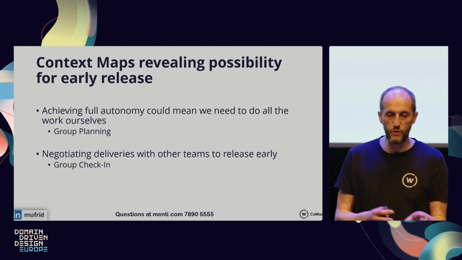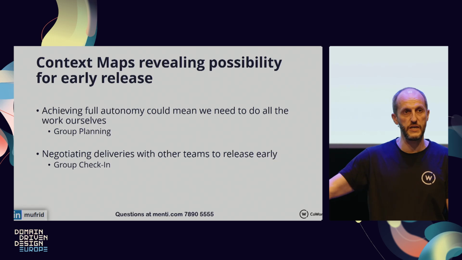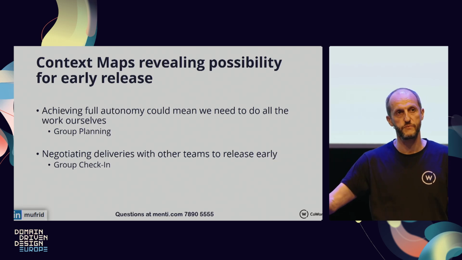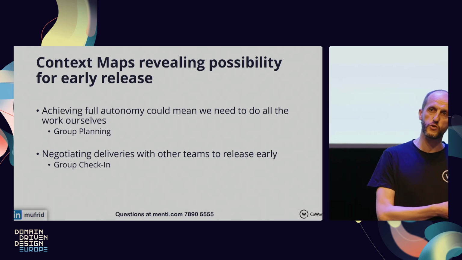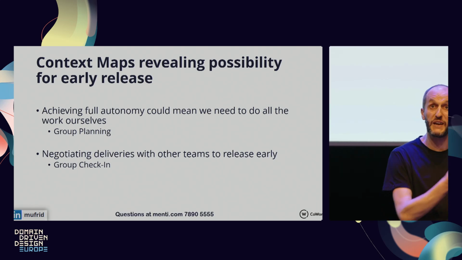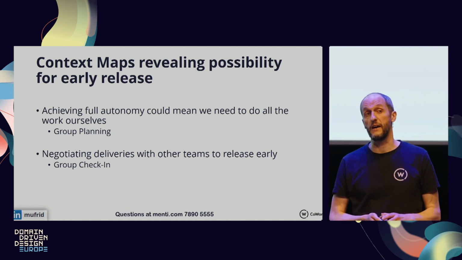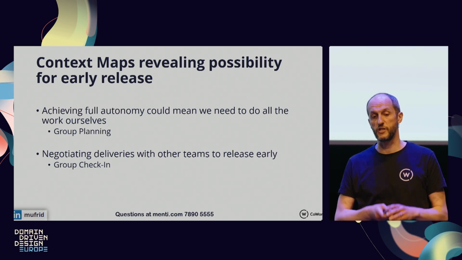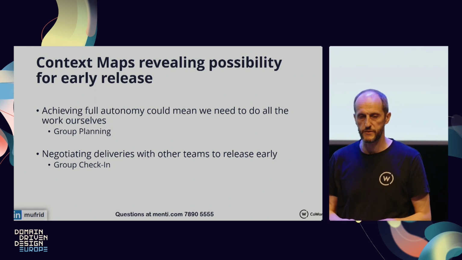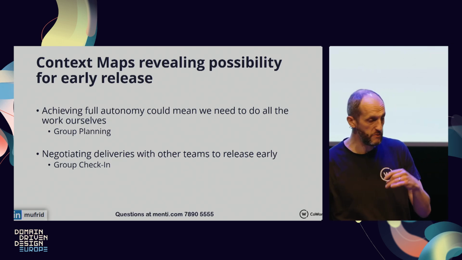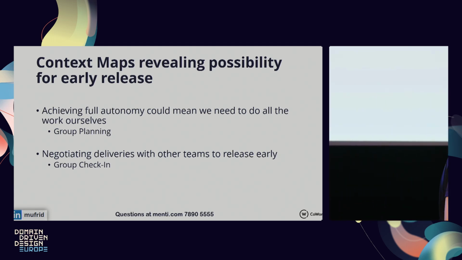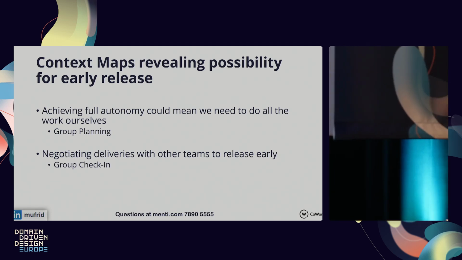But instead, we could negotiate deliveries with other teams to release early. So context mapping showed us this possibility that was not so easily available just by intuitively looking at it. So sometimes full autonomy and full flow might not be the best case.